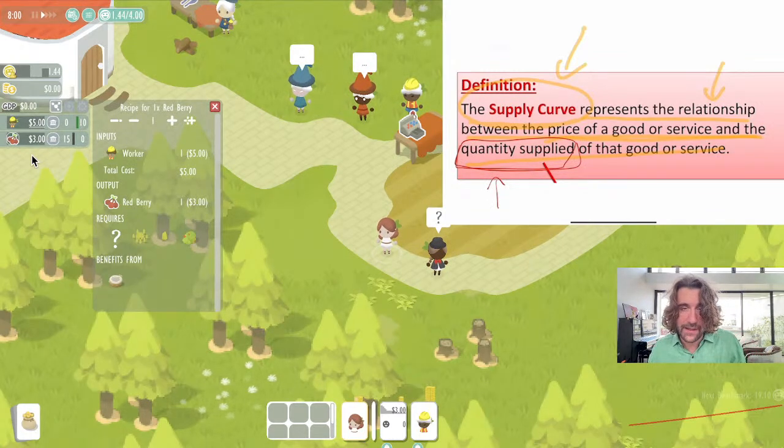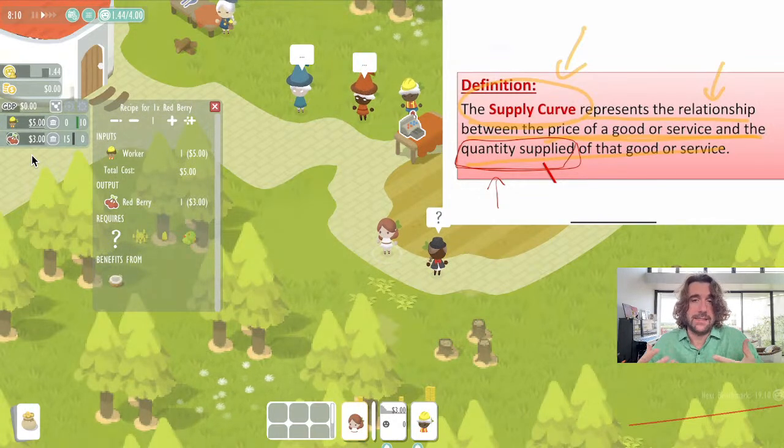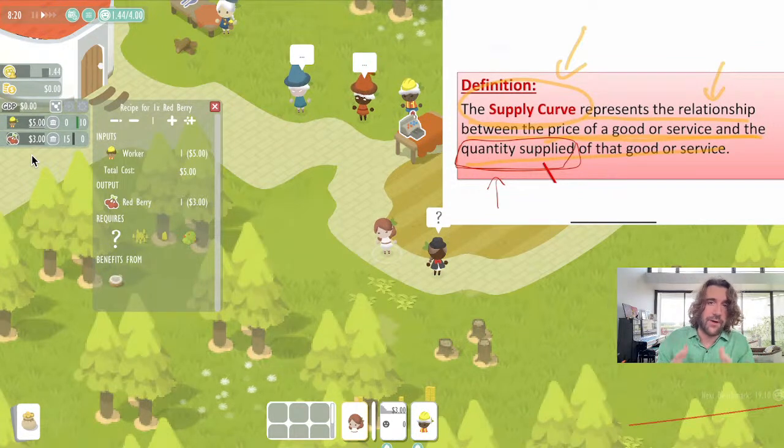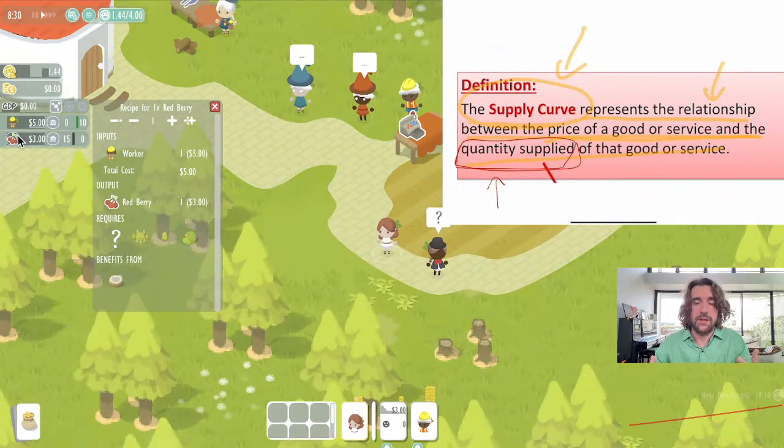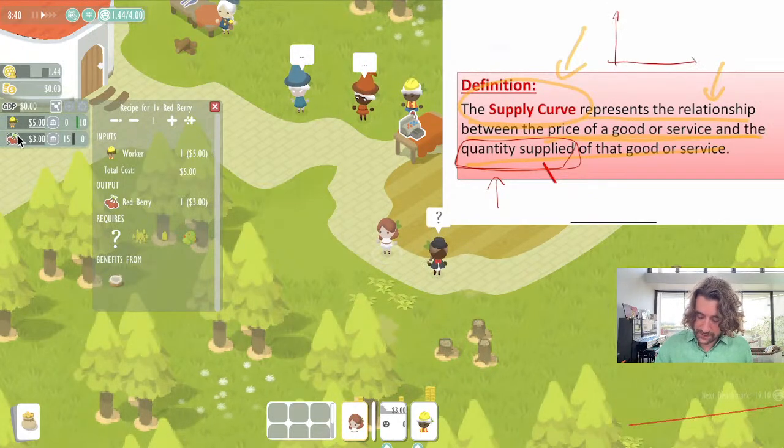So if you find the optimal quantity that the entrepreneur should produce to maximize their profit for each possible price of the red berry, you would have obtained not just the quantity supplied for one price, but for the entire distribution of prices. For example, you could have found a curve that looks like this.